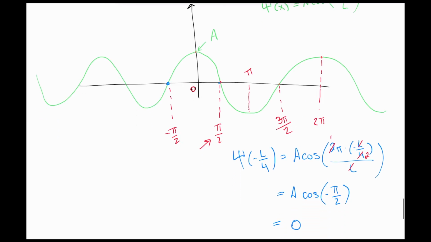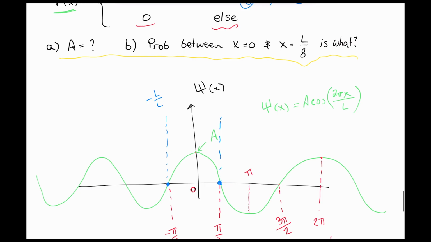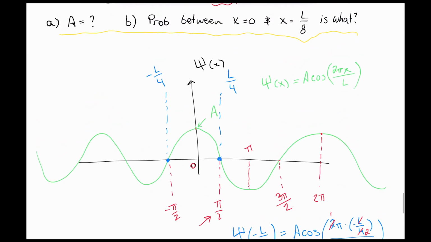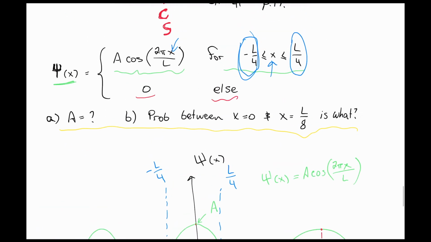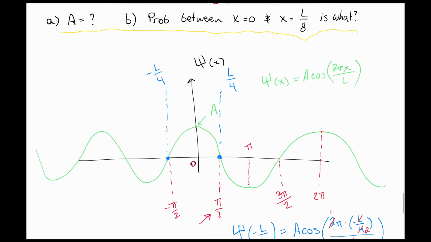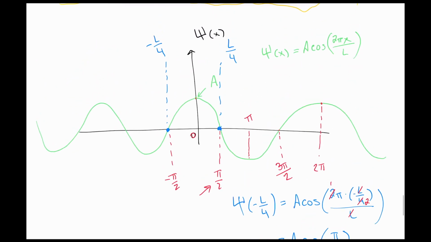So the bounds we're looking for are negative L over 4 and L over 4. How I did this is just because I'm used to using cosine and know a bit of its parameters. So practice a bit with cosine, check a graph of cosine, see if you can figure that out.